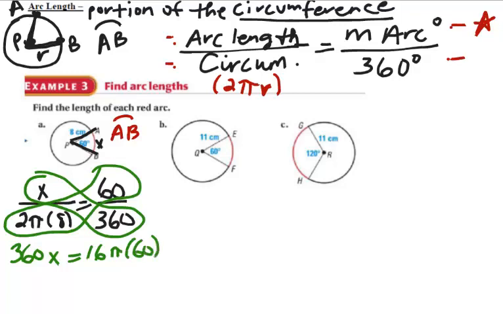Now to solve for x, we can do this all in one step in the calculator. Let's divide the left-hand side by 360, and then divide the right-hand side by 360. Those 360s will cancel out, and I'm going to get x equals 16 times pi times 60 over 360.